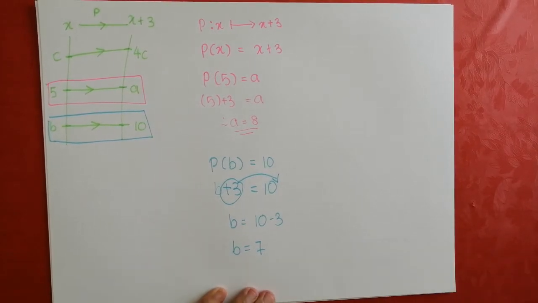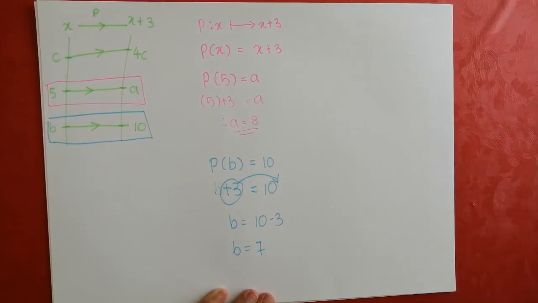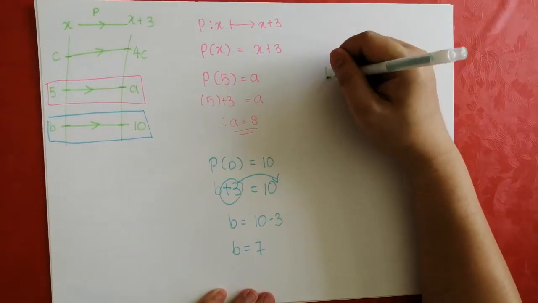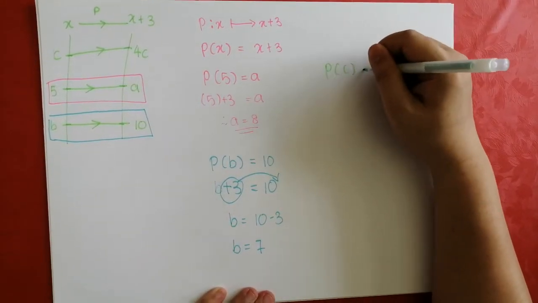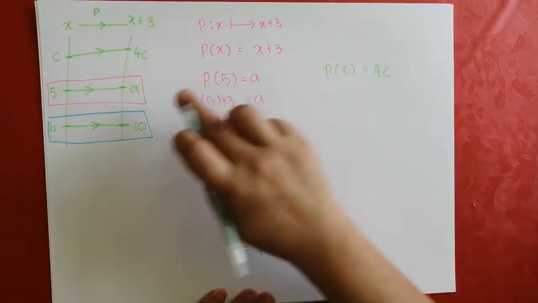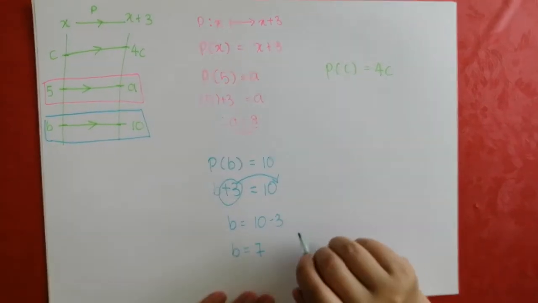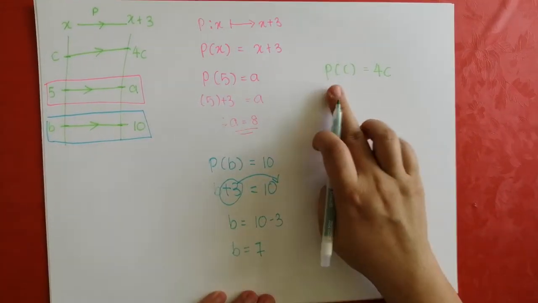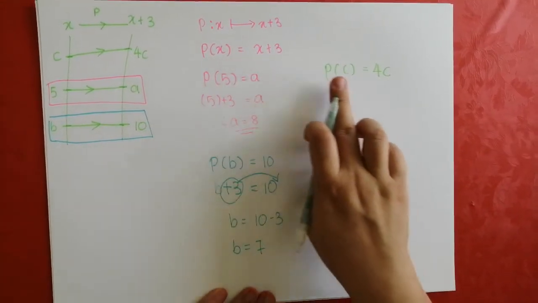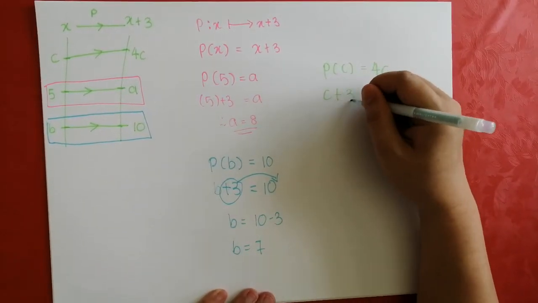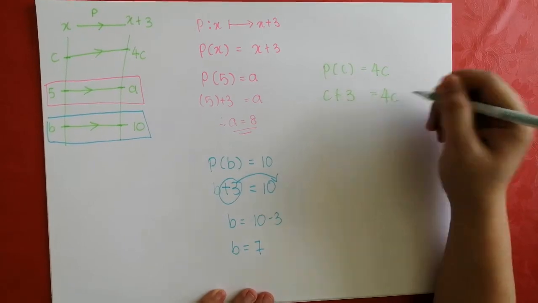Then looking at the last condition, the last arrow, it says that p of c is equal to 4c. When x is c, you have the image 4c. So p of c means your x becomes c. Therefore, x plus 3 becomes c plus 3 equals 4c.